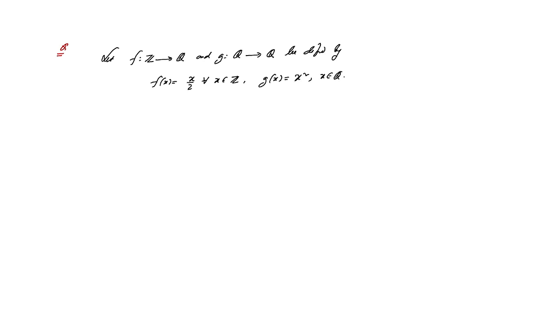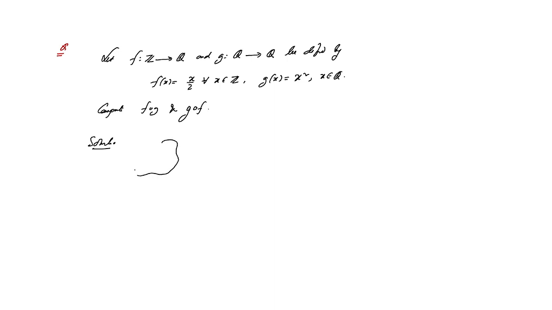Let F be a function from Z to Q and G be a function from Q to Q defined by f of x equals x by 2 for all x belongs to Z, and g of x equals x square where x belongs to Q. Then compute F composed G and G composed F.